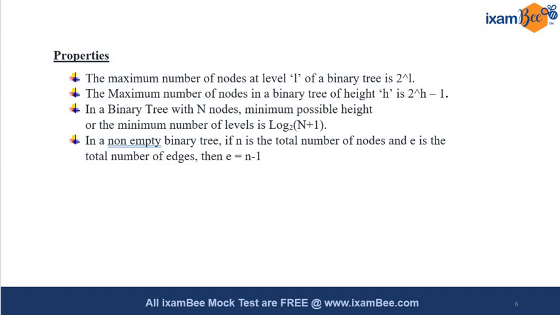Here the total number of nodes will be n and the edges will be E. Then you have the relationship E equals n minus 1. These things are very relatable. Even if you take any binary tree, try to apply these points and play around with the numbers, you will understand them in a better way.